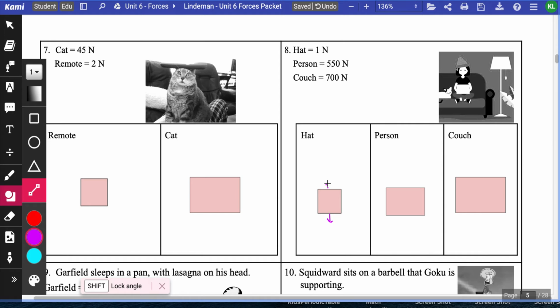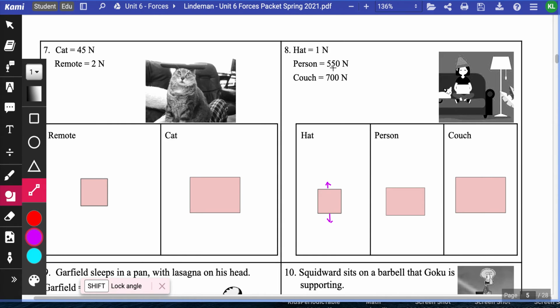And so here's the deal. So we have like 1 Newton, 550, and 700. I'm not expecting your arrows to proportionally be perfect here. Okay? What I am expecting is that the 1 Newton arrow is shorter than the 550, and that the 550 is shorter than the 700, and so on and so forth. Okay?